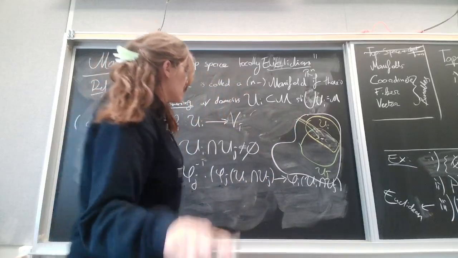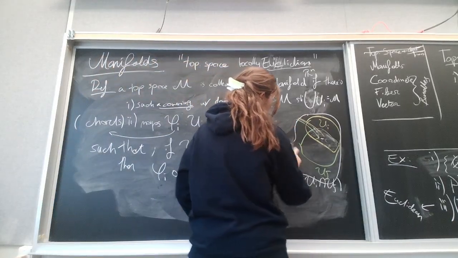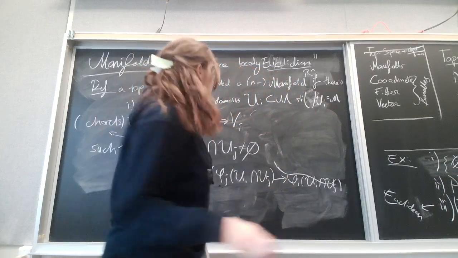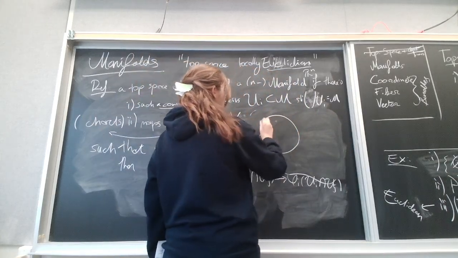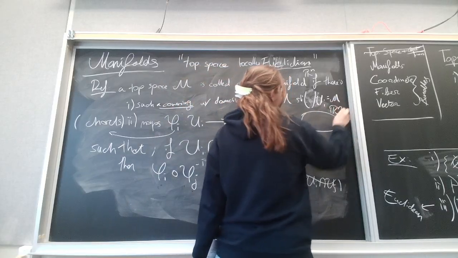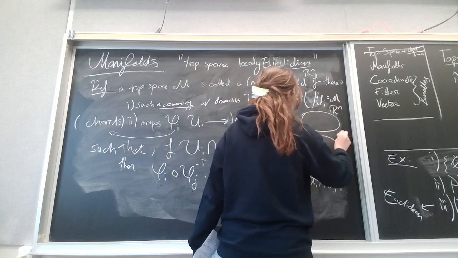Yeah, okay, fair enough. Okay, let me actually make this smaller. Now draw it nicely. This is our manifold M. This is Rn, and then this is another copy of Rn.